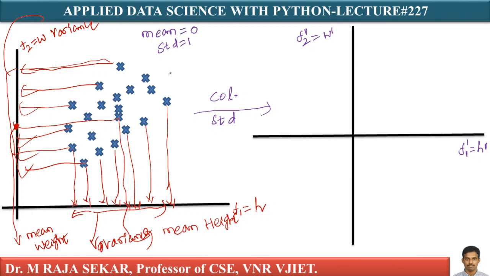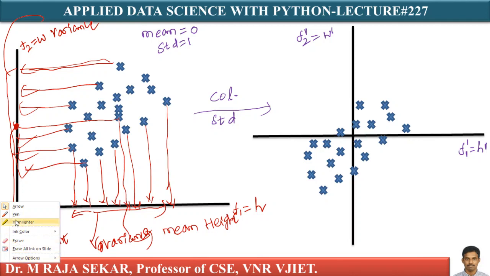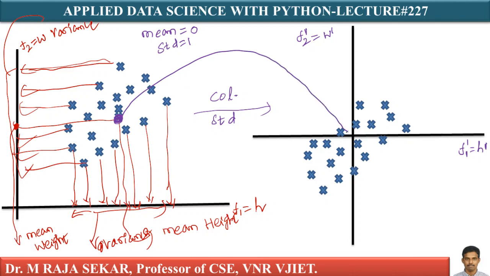For my new data, the mean must lie at 0. Let me say it geometrically: if this is the original data, this mean will move to here. Therefore, this is 0, 0. This mean will become 0.